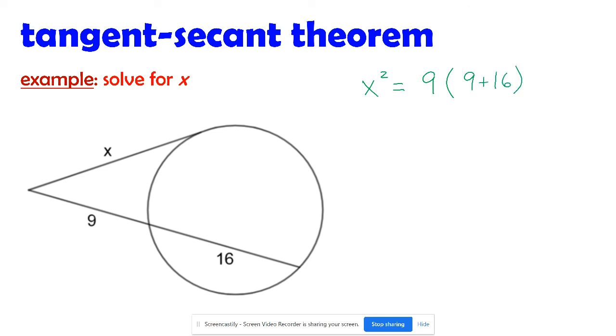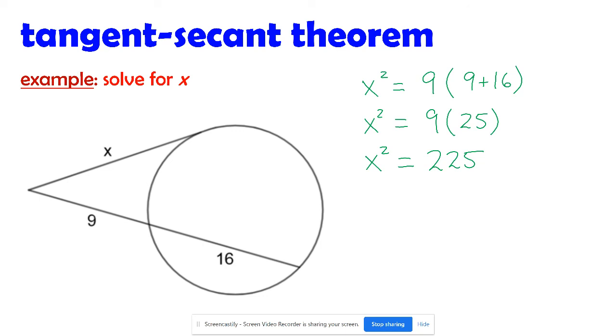All right, x squared, don't have to do anything to that. 9 times, we're going to add together 9 and 16. 9 plus 16 is 25. And then I'm going to multiply 9 times 25, and that's 225. x squared equals 225. So we still have a squared, but this time, because we don't have another x, we don't have to factor anything.